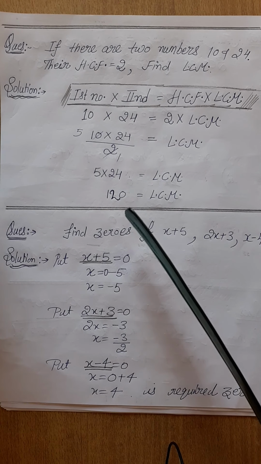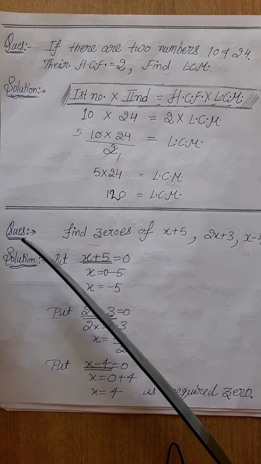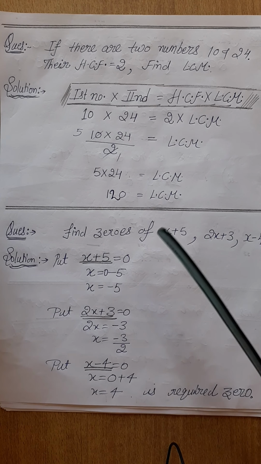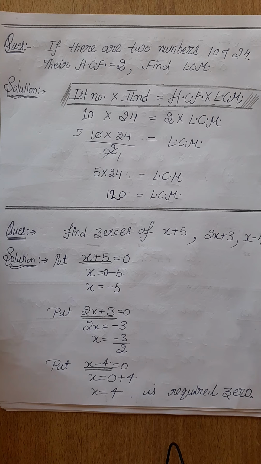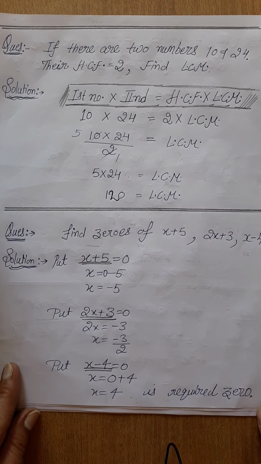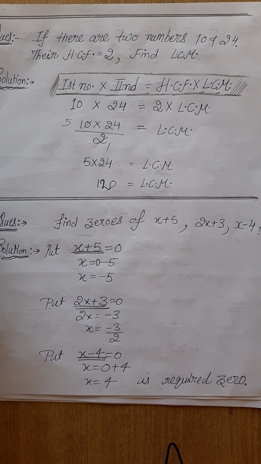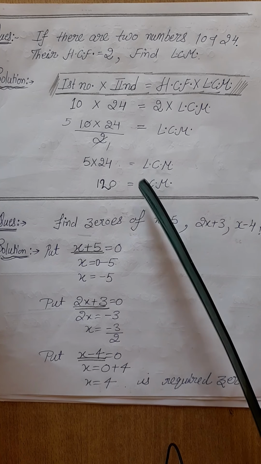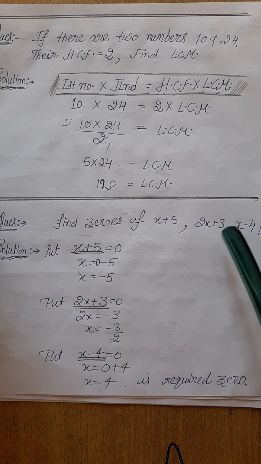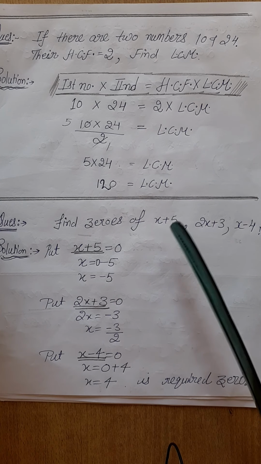Okay, now we move on some questions of linear and quadratic equations. For example, you can see here there is a question: find the zeros of x plus 5, 2x plus 3 and x minus 4. What is linear equation?